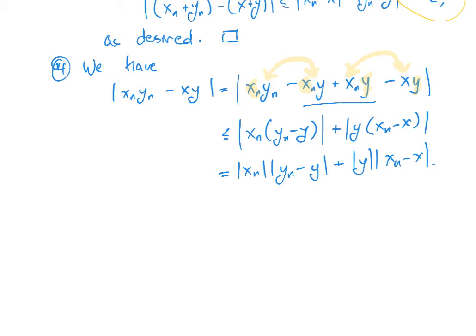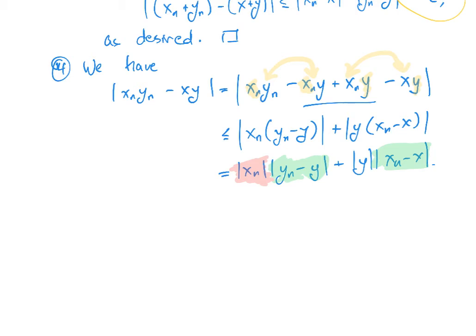Now, let's look at this. Let's highlight in green the things that are going to be small. We know yn minus y is small. We know xn minus x is small. Now, where are our questions? Our questions are xn and y.